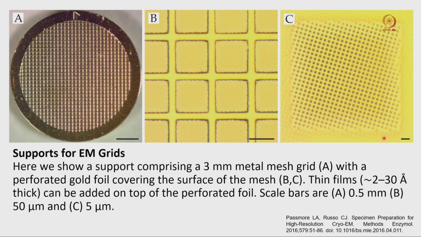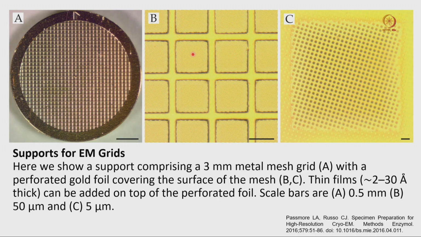This part we will discuss at a later stage. Now if you look at this square, you can see this copper or gold bar, and in the middle your sample will stay. This is the area where you have the formvar and the carbon coating, and the electron beam can go through this sample and we can image our sample.